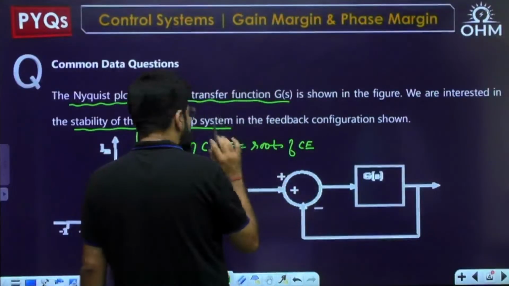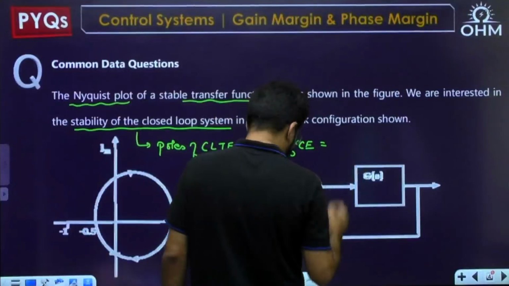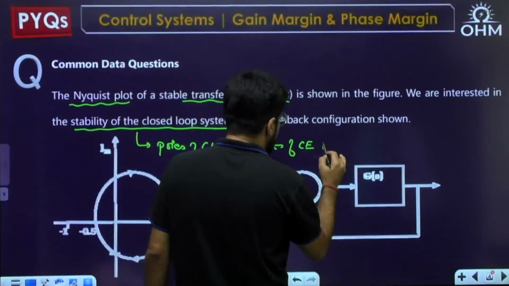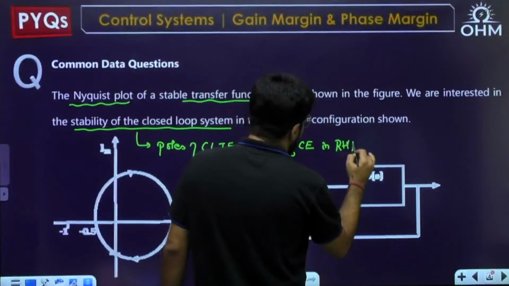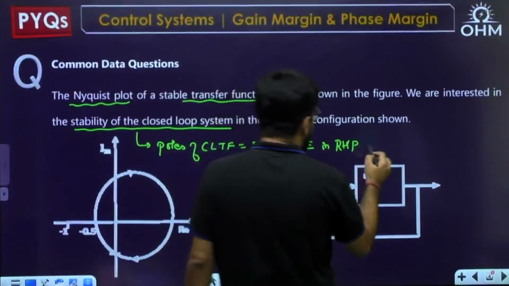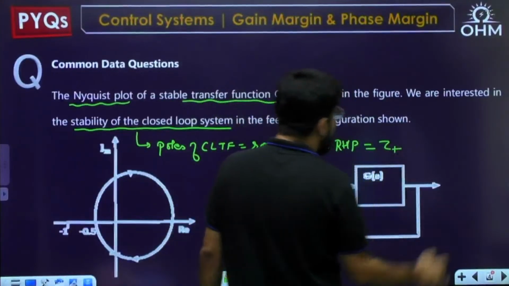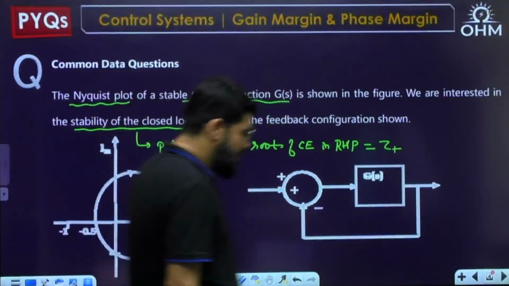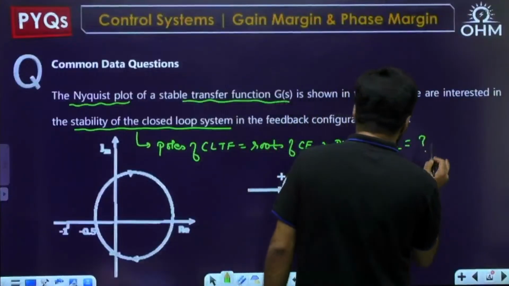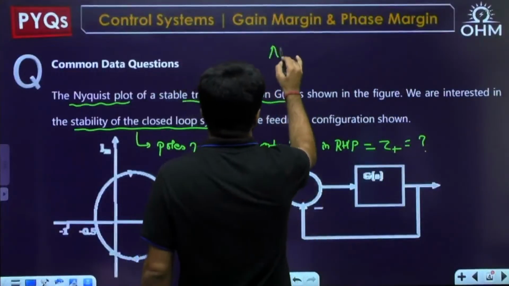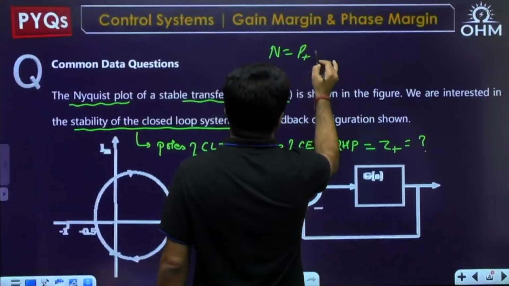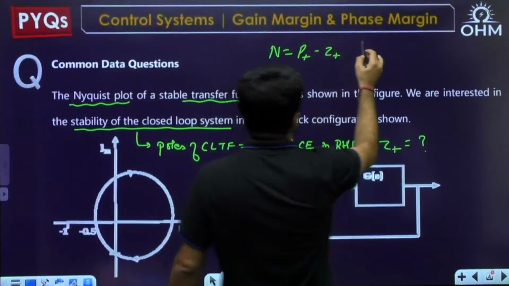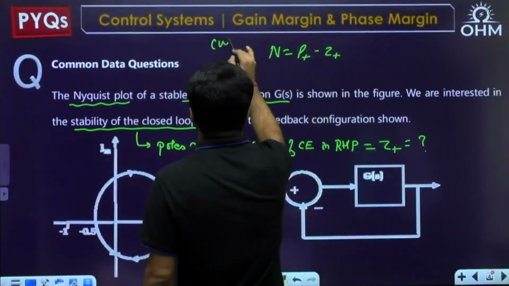As per the Nyquist criterion, stability depends on the roots of the characteristic equation in the RHP, and that is represented as Z plus, where Z plus is given by the formula N equal to P plus minus Z plus, assuming a clockwise Nyquist contour.